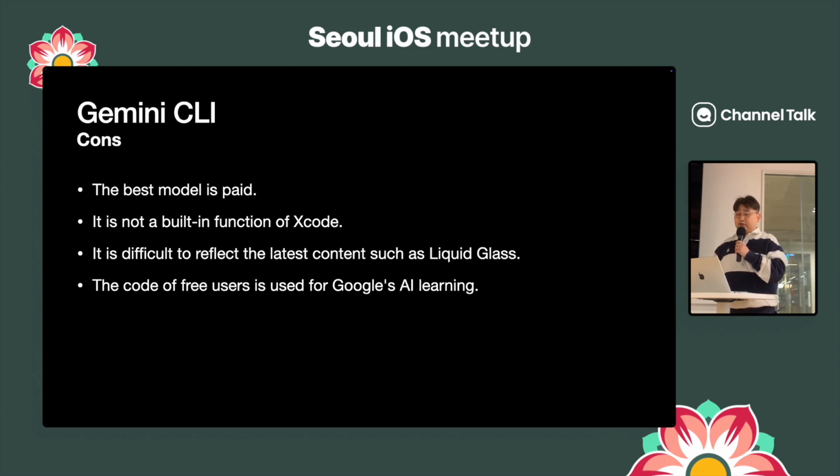It is difficult to reflect the latest content, such as liquid glass. This is an important thing: the code of free users is used for Google's AI learning. This is a critical point when you're using it for companies.